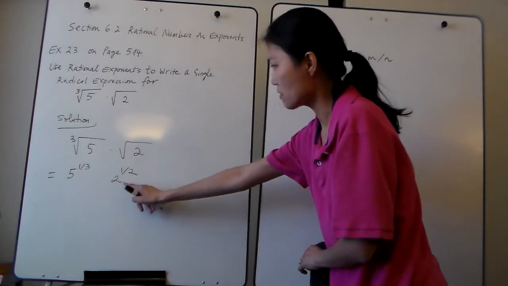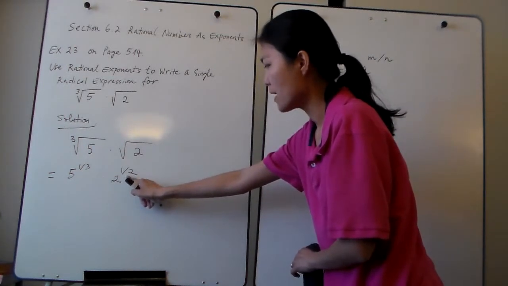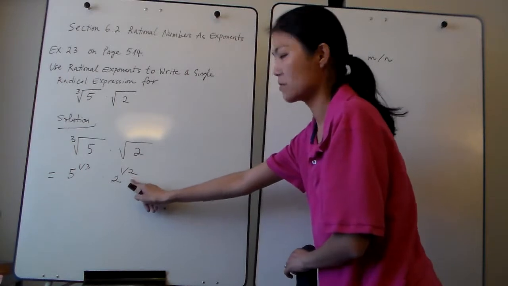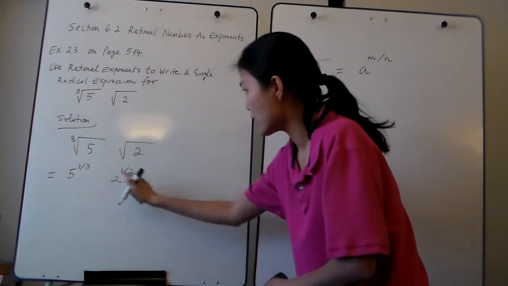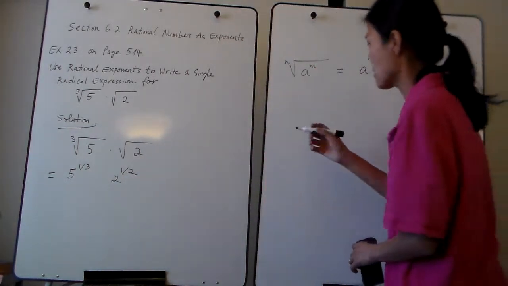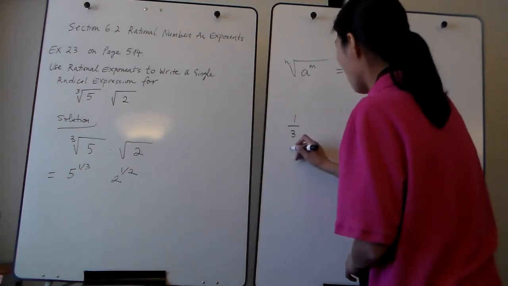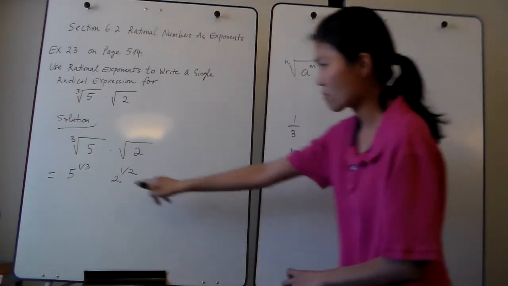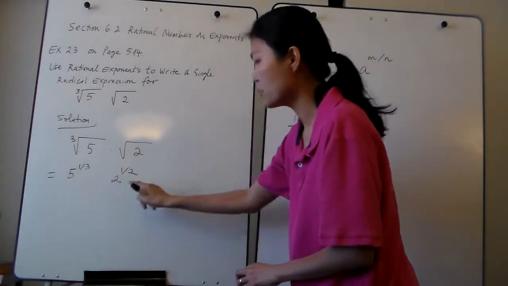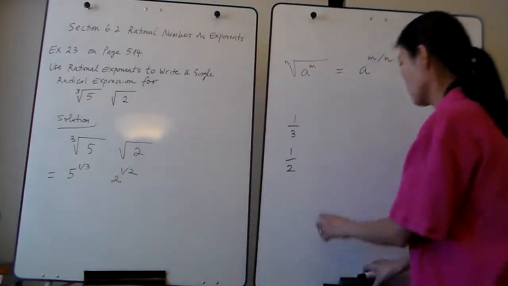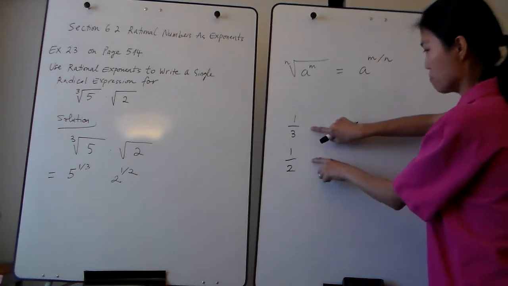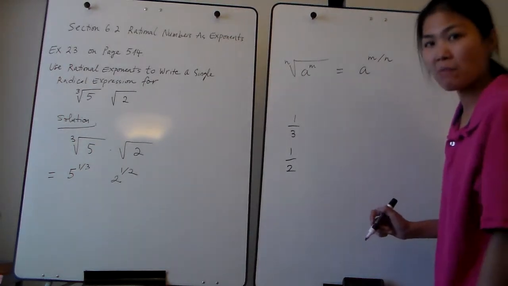And the exponent of 2 is 1 divided by 2, and 2 is the denominator. Now you see that 3 and 2 are different. So we need to convert the exponents 1 over 3 and 1 over 2 of the bases 5 and 2. The two exponents must have the same denominator.